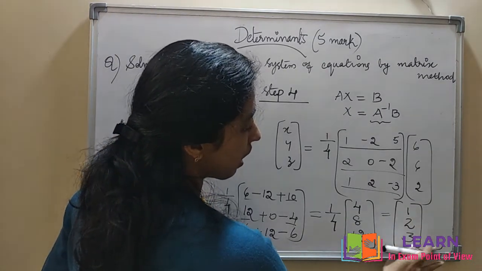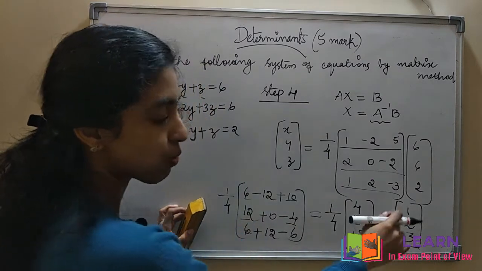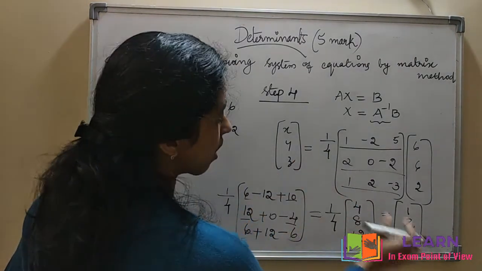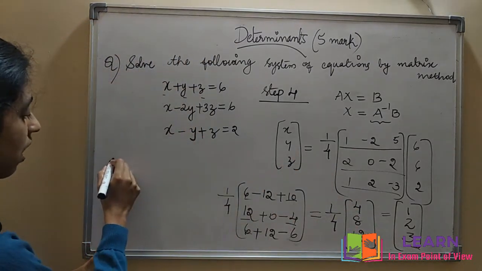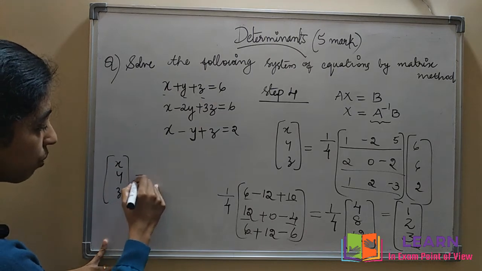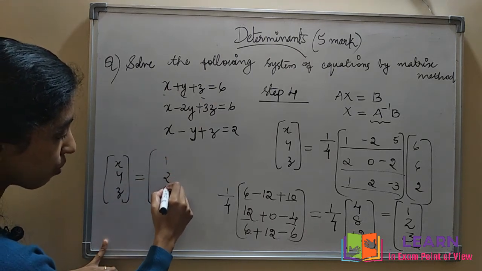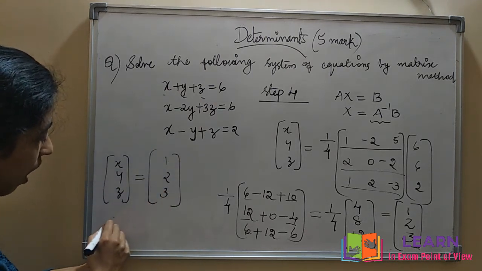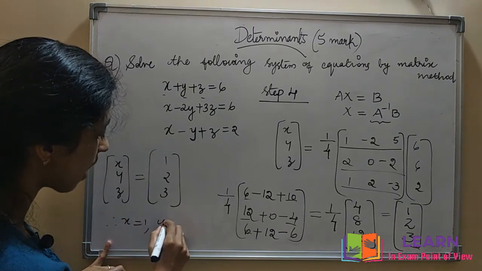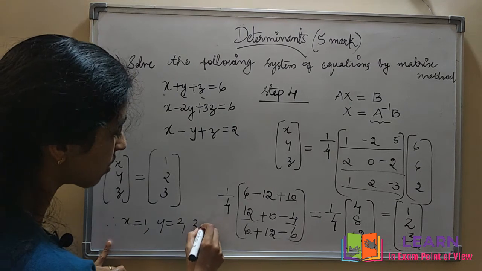So we got the final matrix as 1, 2, 3. LHS equating the RHS, that is X, Y, Z is now equal to the matrix 1, 2, 3. That means we have got the solutions: X as 1, Y as 2, then Z as 3.